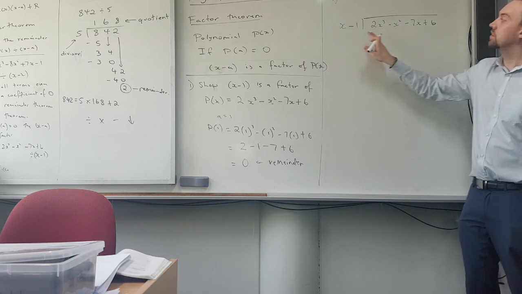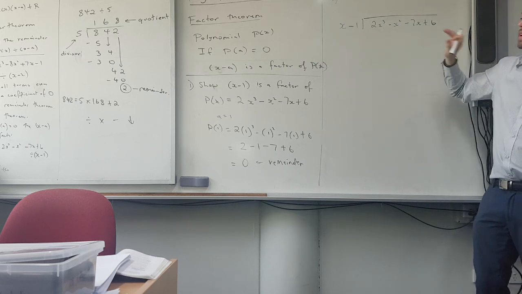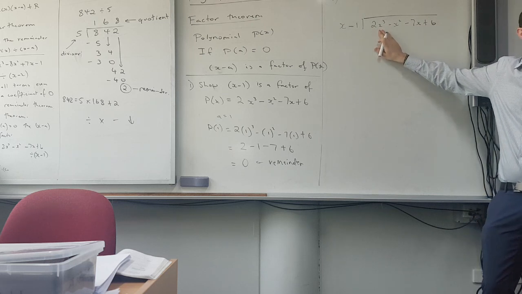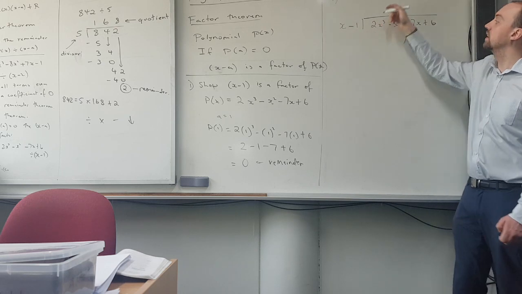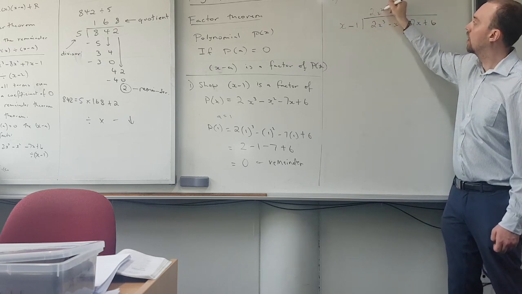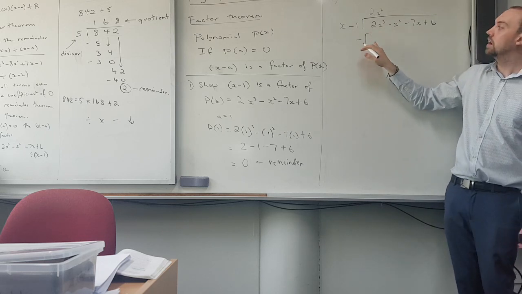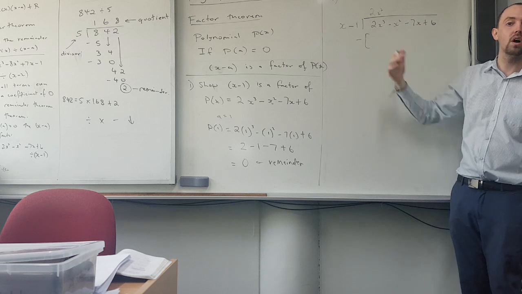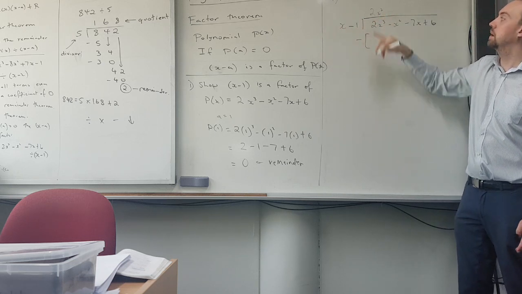Anyways, where am I starting here? Starting on the left, I want to divide by x. Exactly. 2x cubed divided by x is 2x squared. Take away, in a set of brackets, so I know that I'm taking the whole thing away, x take 1 times 2x squared.